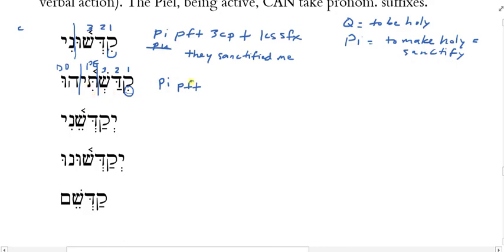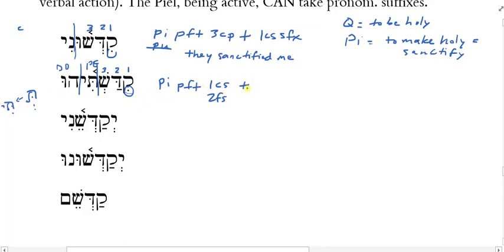If I see the T, there's two possibilities for when I add pronominal suffixes to a perfect. What is the most obvious one? The perfect 1CS. But what was the personal ending that changed to T from what it normally is? 2FS. The 2FS. Remember, the shewa-T becomes a T with a vowel before I add pronominal suffixes to it. Okay?